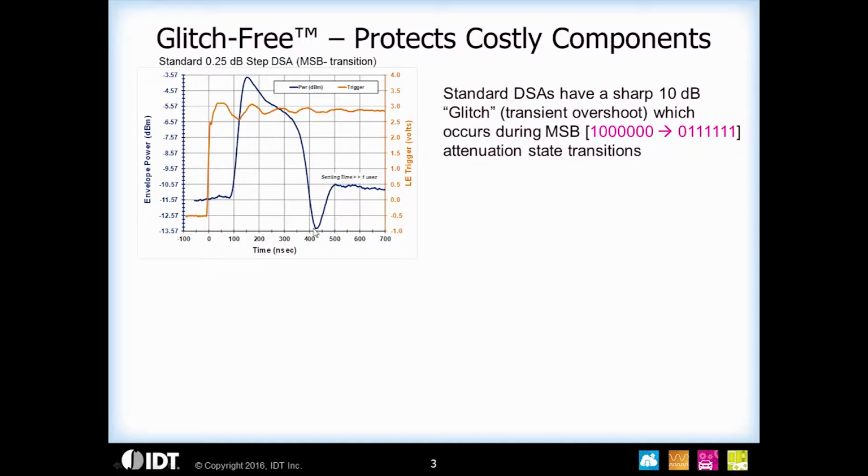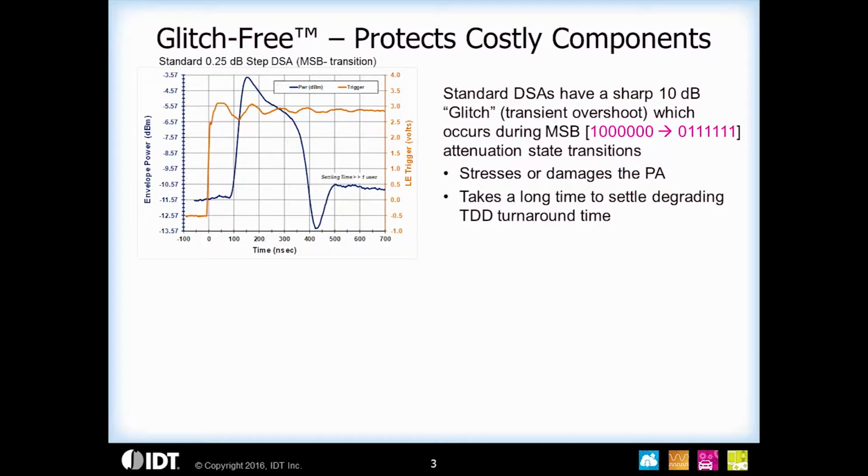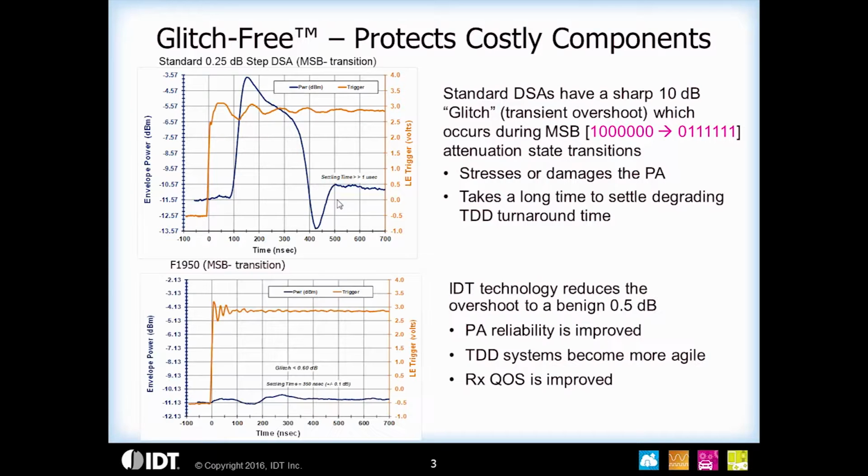Due to this glitch, the attenuation changes, which might cause damage to the downstream devices, the power amplifiers. Also, the settling time to the next attenuation state is large, greater than 1 microsecond, due to which the TDD turnaround time degrades.